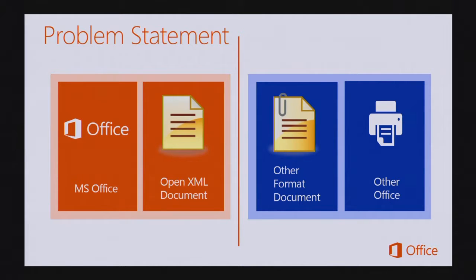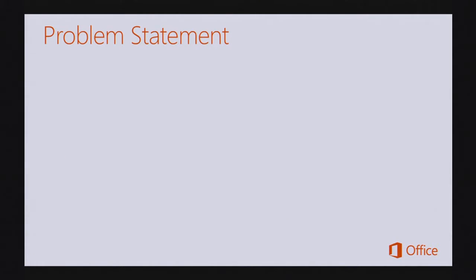How could it work? Let's take a deeper look at the problem statement. We all know there are lots of file formats, for example, BI5, OpenXML, ODF, PDF. They are all widely used in the world.